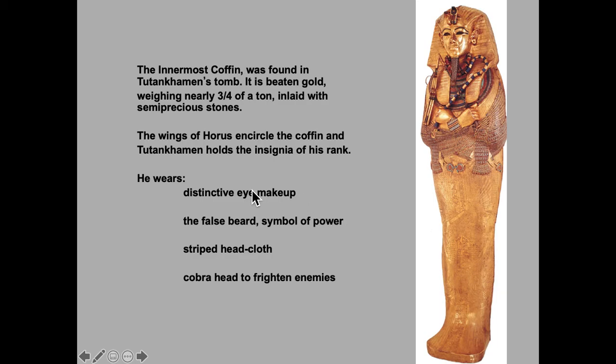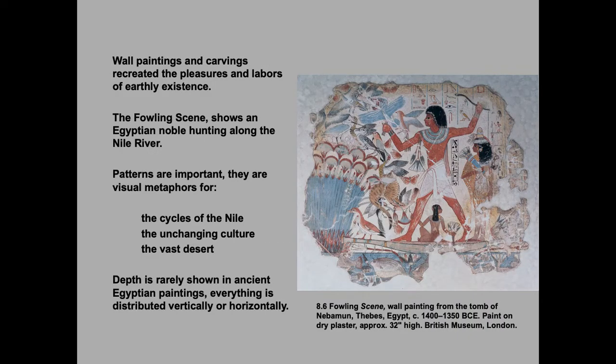Okay, so these are things that are typical of what you would see with Egyptian art, this list here. But what is unique to him are his facial features, and we believe that it is a portrait.